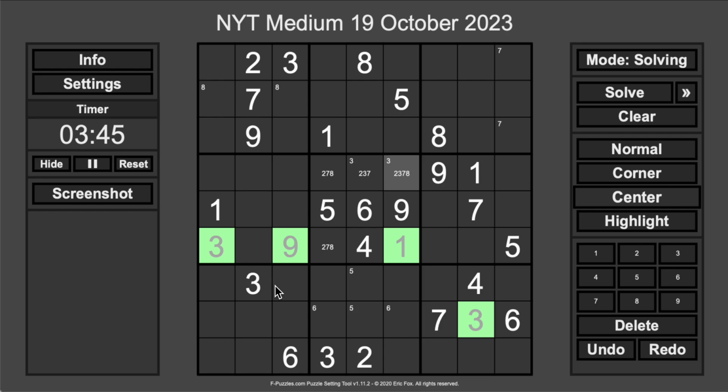Well, let's see. So in row 6, I now have 1, 3, 4, 5, 9 placed. I need 2, 7, 8 along with 6. Now this can't be 2 or 7, so this is 6 or 8.